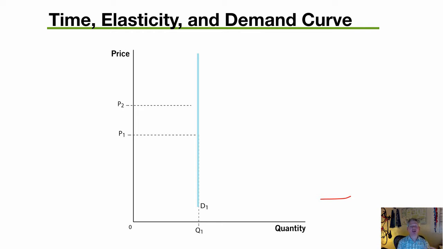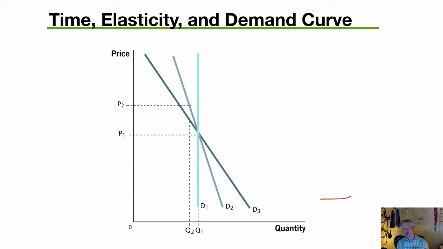People aren't going to just suddenly move out of their places overnight. Over time, the demand curve gets flatter, and people are able to respond over time to the changes in the price of housing.